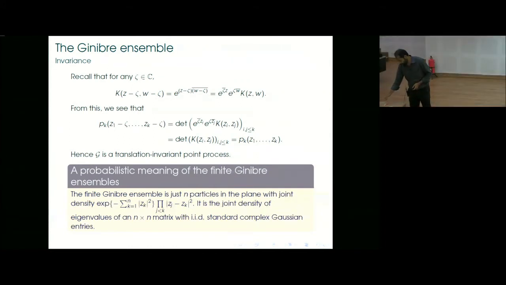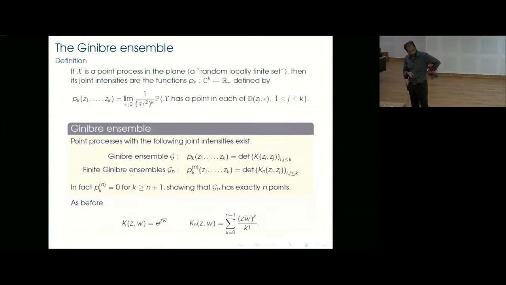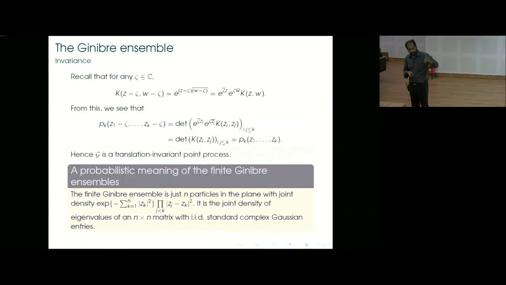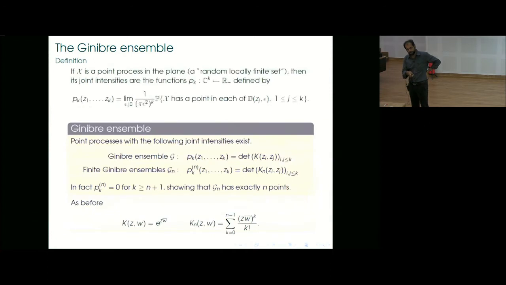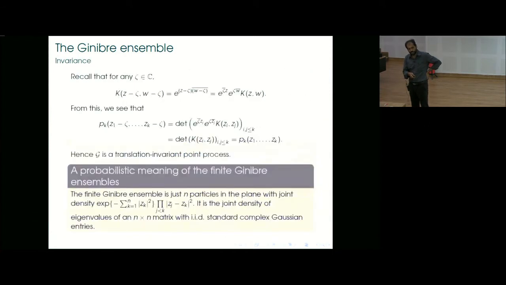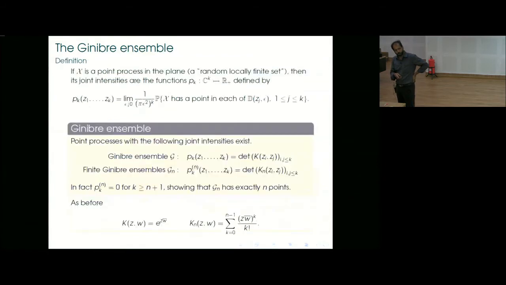Okay, so I just introduced this point process, but unlike there, where we saw it as the zeros of a random analytic function, actually the finite Ginibre ensembles have a probabilistic interpretation as the eigenvalues of a random matrix. In fact, if you take an n cross n random matrix whose entries are IID complex Gaussian, then its eigenvalues will form precisely this n-point Ginibre ensemble.